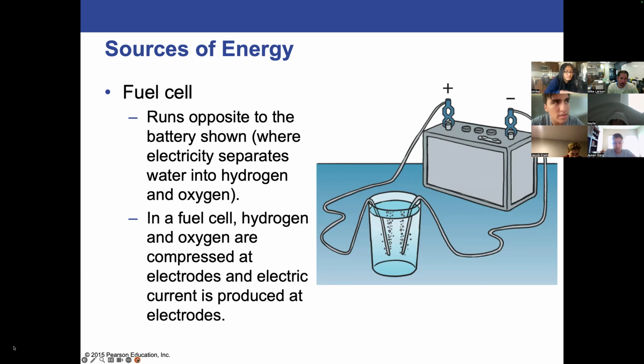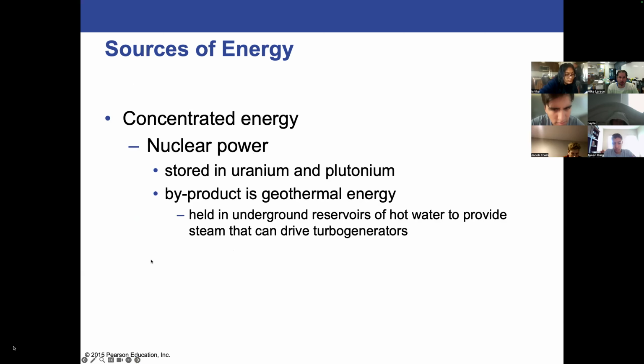Okay. The next one is one that you've heard of, and one that I think should be used more commonly in this country: nuclear power. We're calling this concentrated energy, but it's really nuclear power. This would be nuclear fission. We did just barely have a process of nuclear fusion that generated more electricity than it used, but that is still kind of theoretical. Fusion is where things join together. Fission is where things split apart.